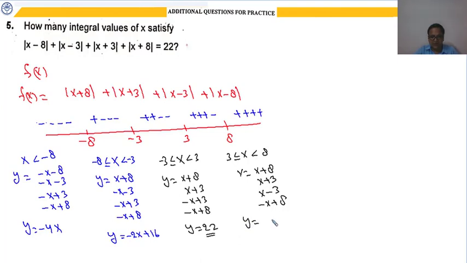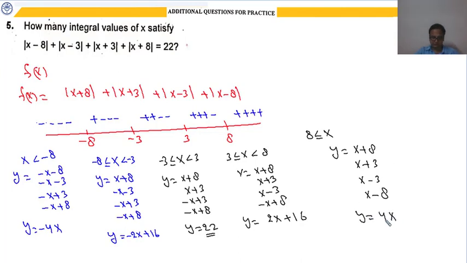We get y is equal to 2x plus 16. And when x is greater than or equal to 8, we have all the mods positive. So y is equal to x plus 8 plus x plus 3 plus x minus 3 plus x minus 8. So we simply get y is equal to 4x.